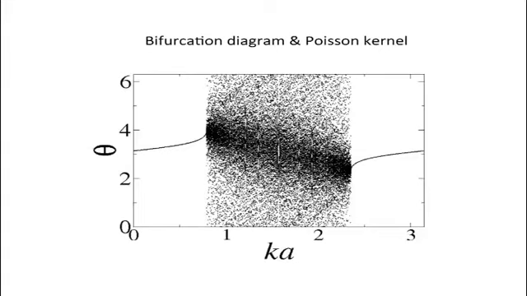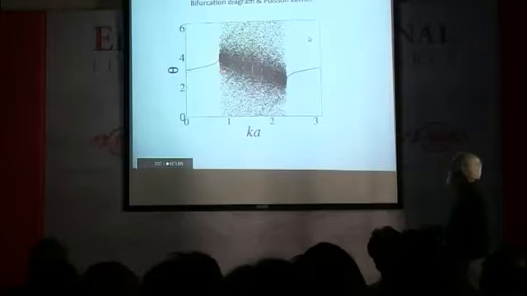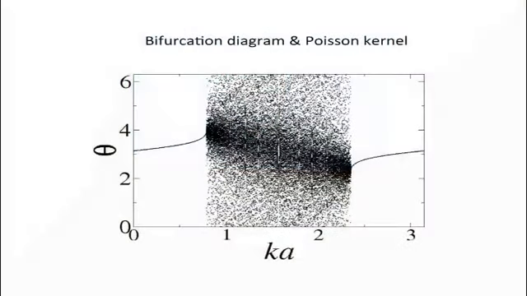In nonlinear dynamical terms, it's just a period 1 attractor. And then you have a tangency, a tangent bifurcation. You enter a chaotic regime. Here is the chaotic attractor. And then you enjoy it, and then finally leave it again for a period 1 attractor.